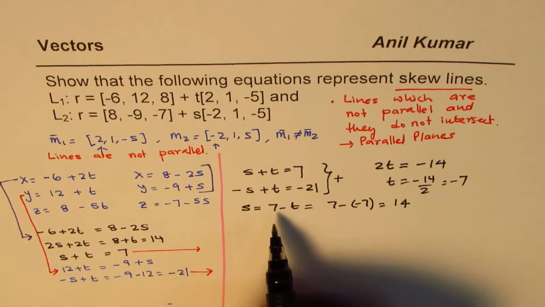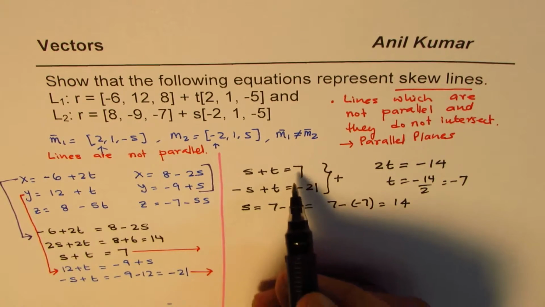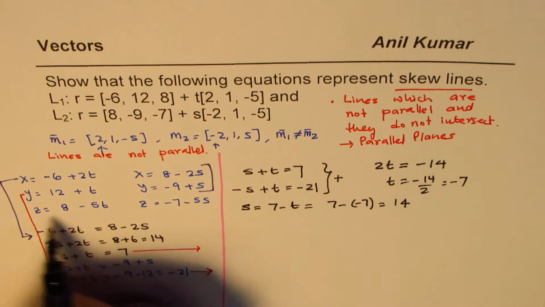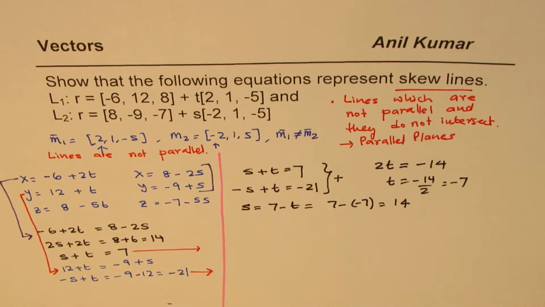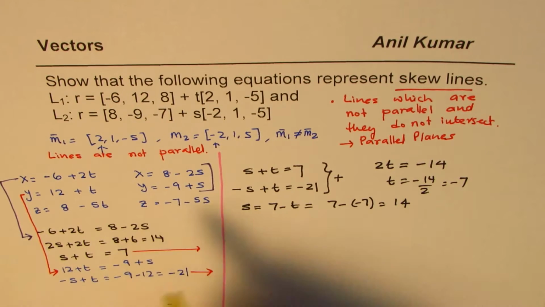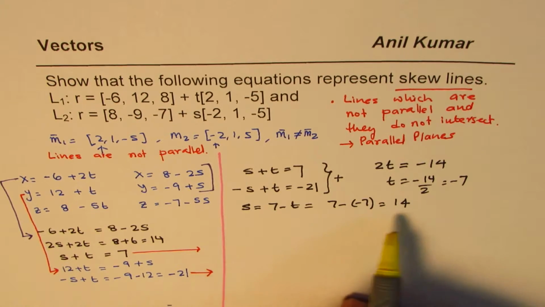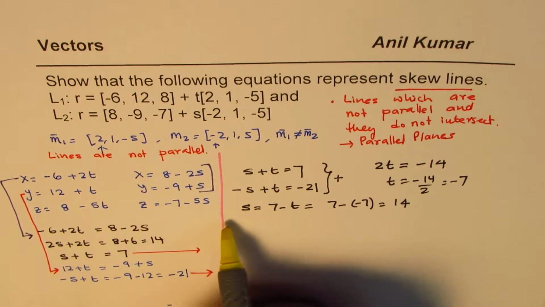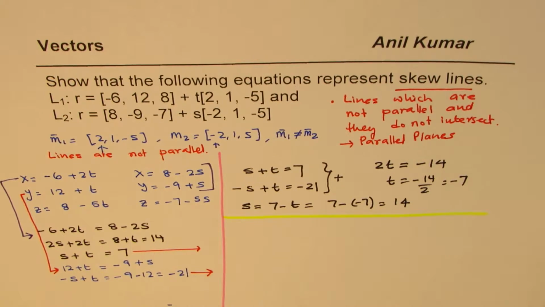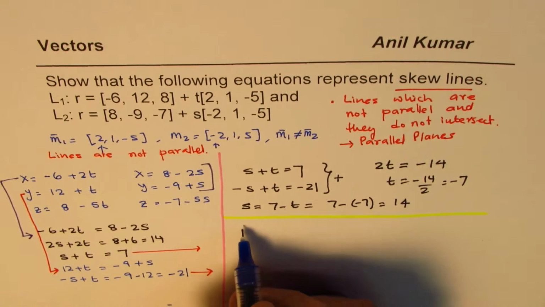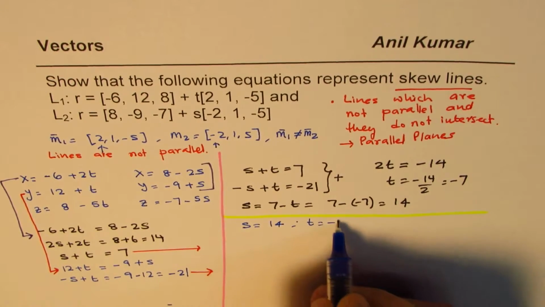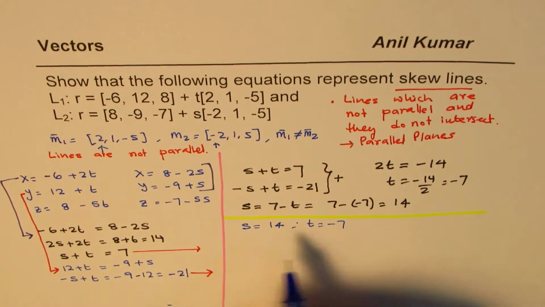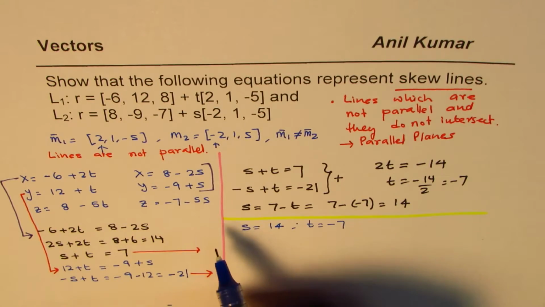So let's substitute in z. Now we'll substitute s equals 14 and t equals minus 7 in our equations to find the points of intersection.